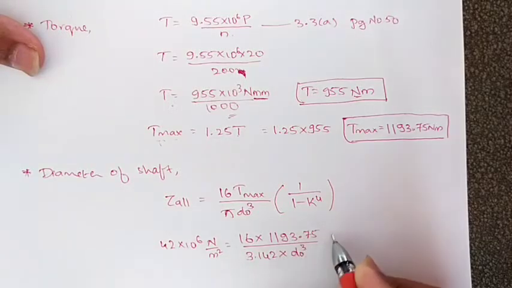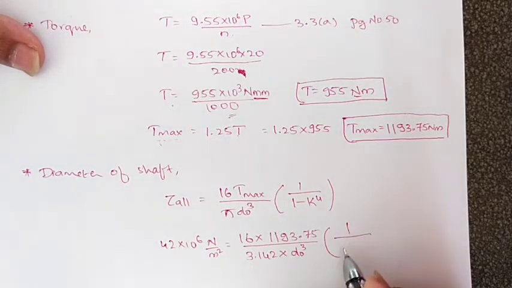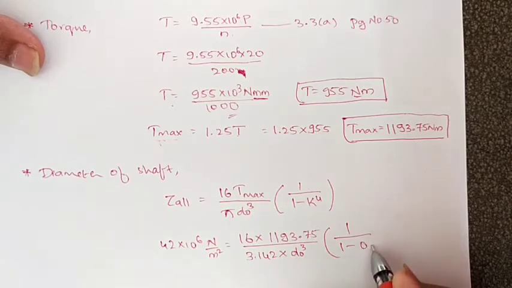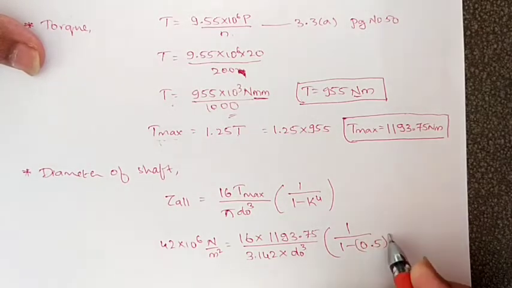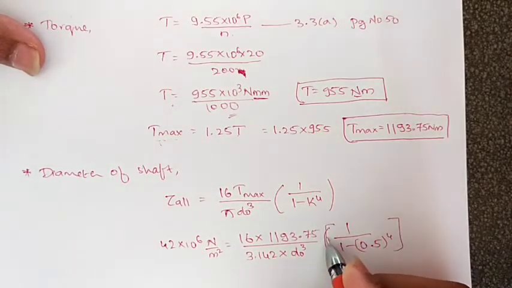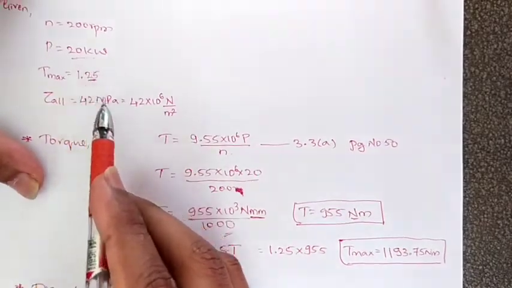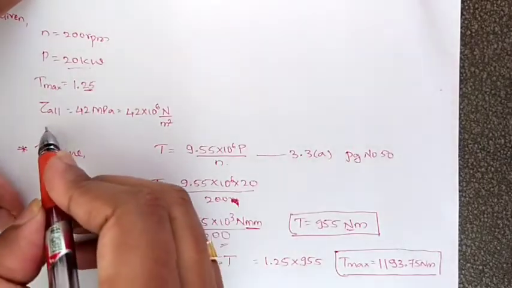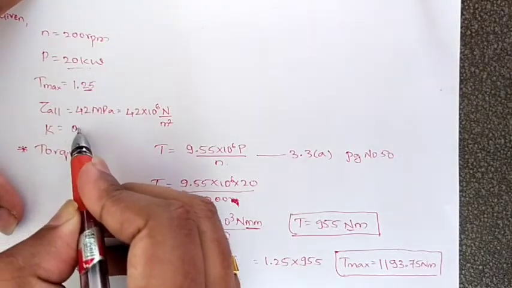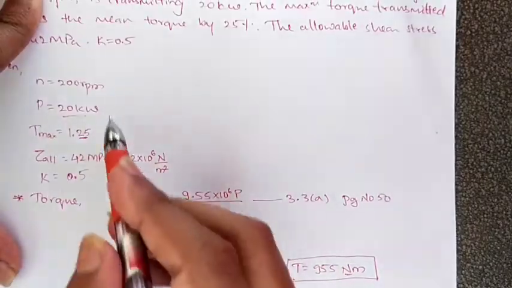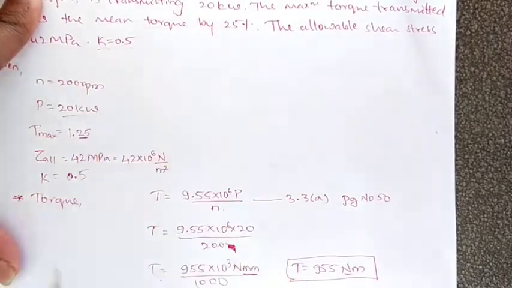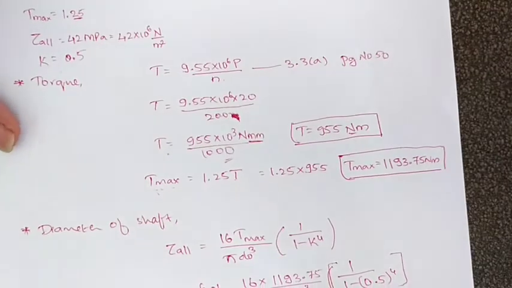Keep 1 divided by 1 minus K raised to 4 as it is. K is given as 0.5. Okay, here K we have not written. K is equal to 0.5. In your problem statement it is given, K is 0.5. So you need to take that value.